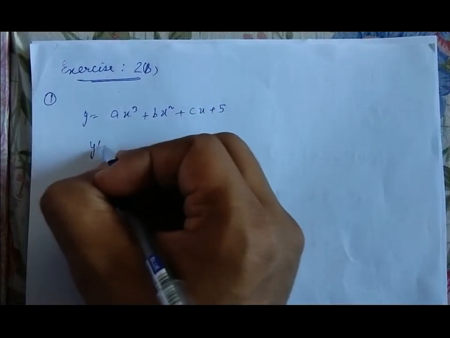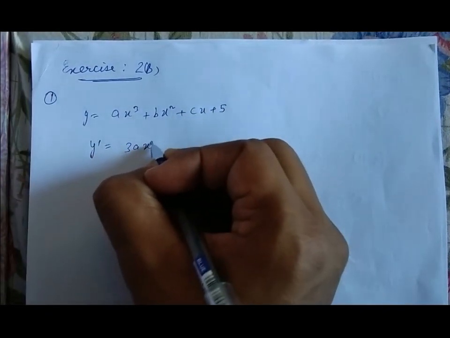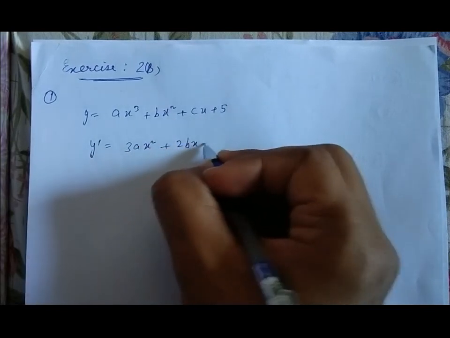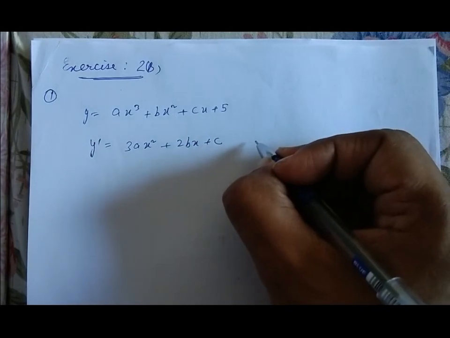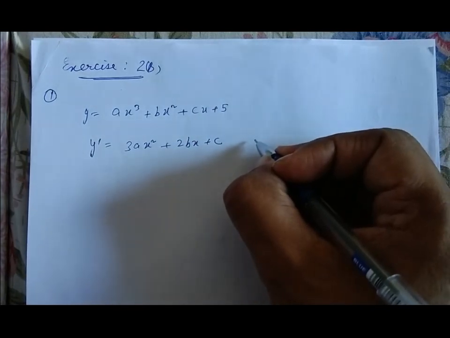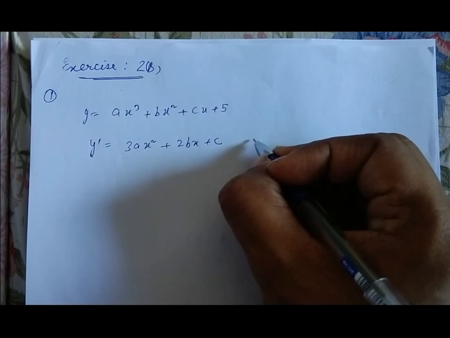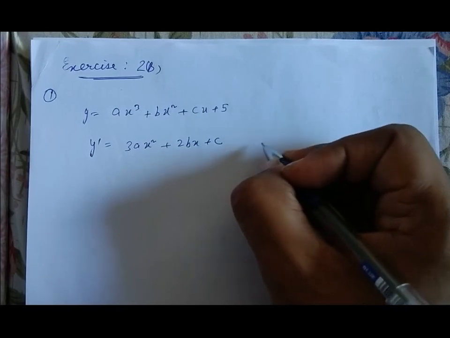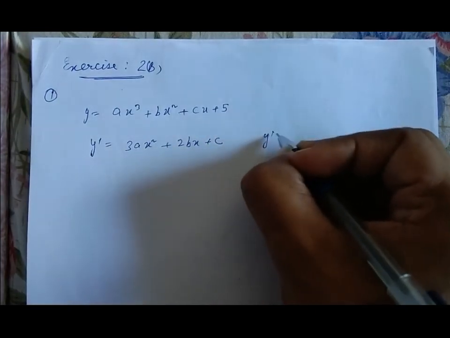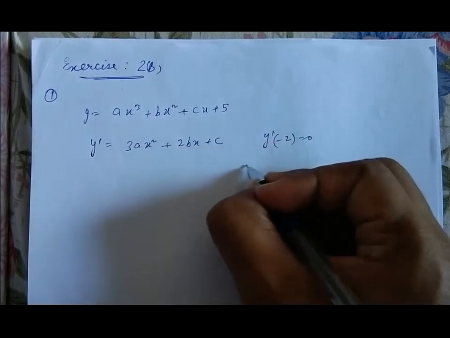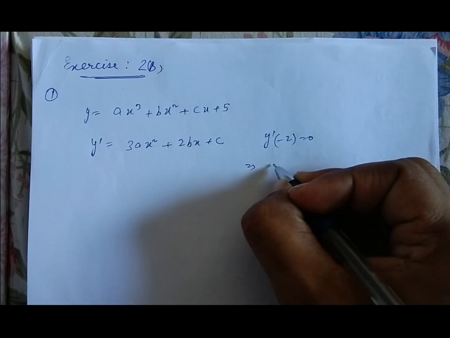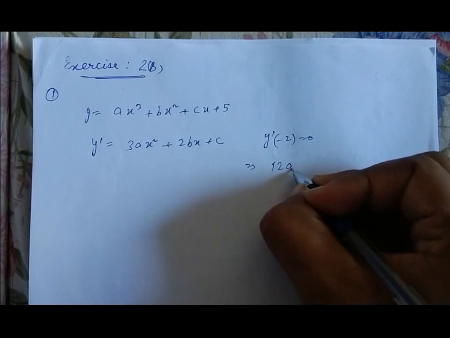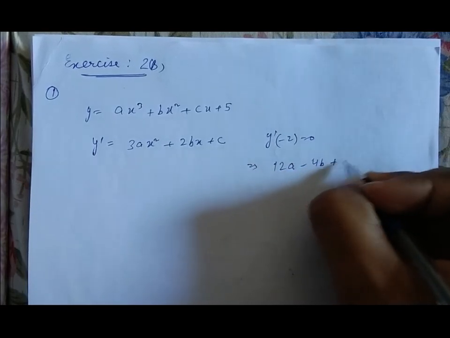So calculating y dash, 3ax square plus 2bx plus c. So since y dash at minus 2 is equal to 0, this implies 12a minus 4b plus c is equal to 0.